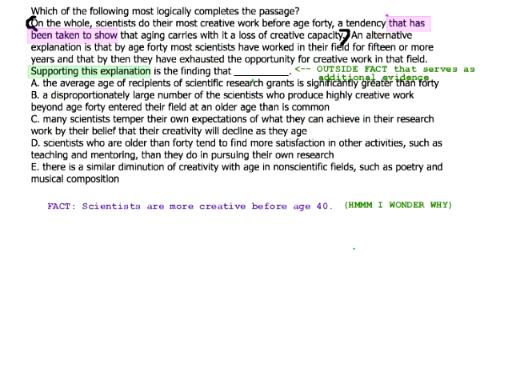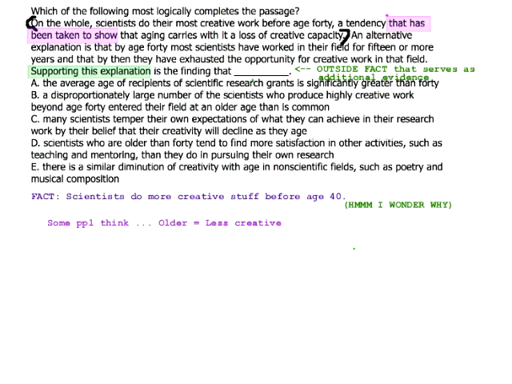People get older, they do less creative stuff. Then there's an alternative explanation: other people think that by the time they get to that age, most of them have worked in their field for a really long time, and so they've basically just been doing it for too long. That's this other hypothesis.